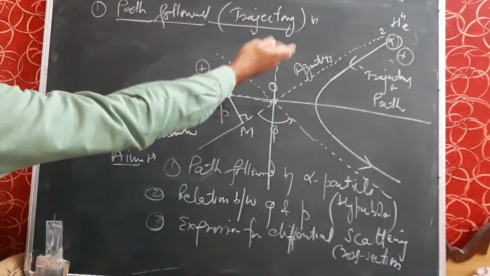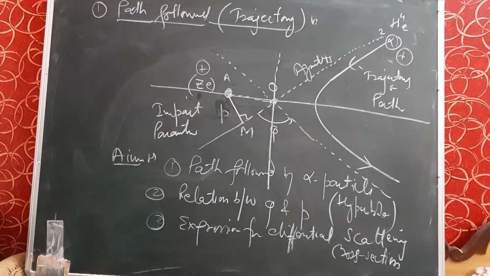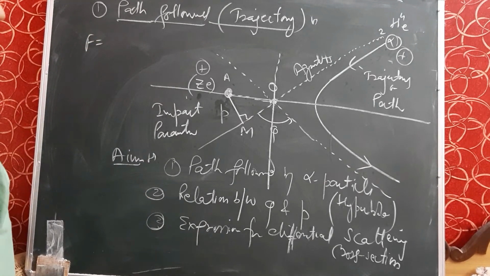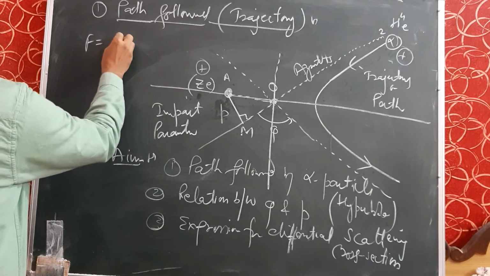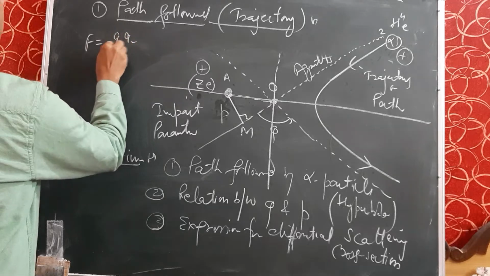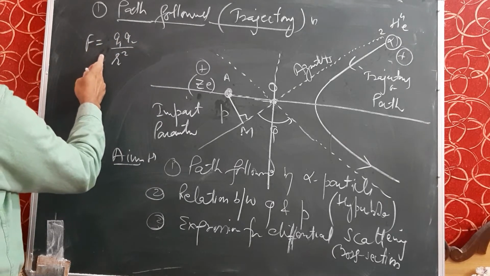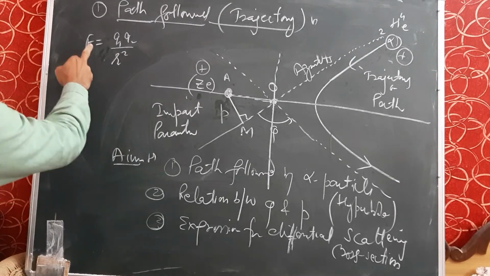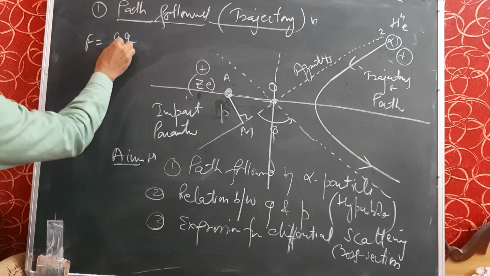So, when one positive charge approaches another, there will be a force of repulsion, the Coulomb force, F equals constant times Q1 Q2 over r squared. In the SI system the constant is 1 over 4 pi epsilon naught, but in the CGS system it is F equals Q1 Q2 by r squared.